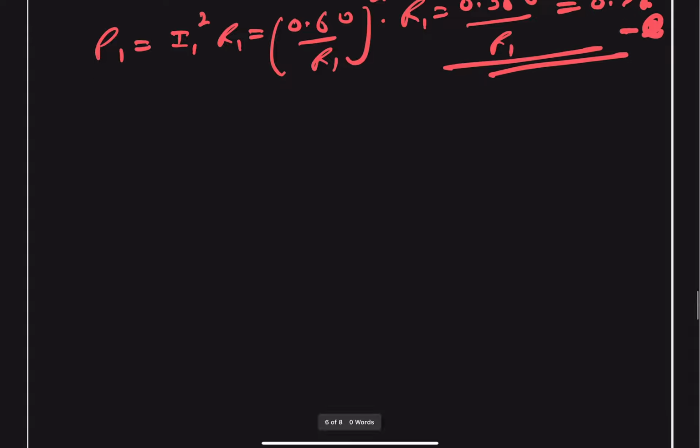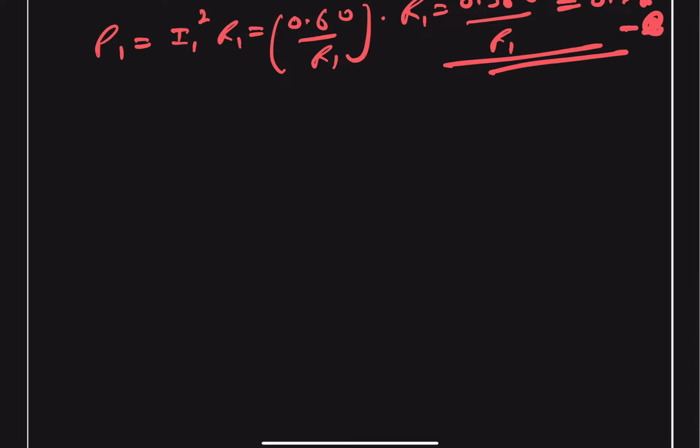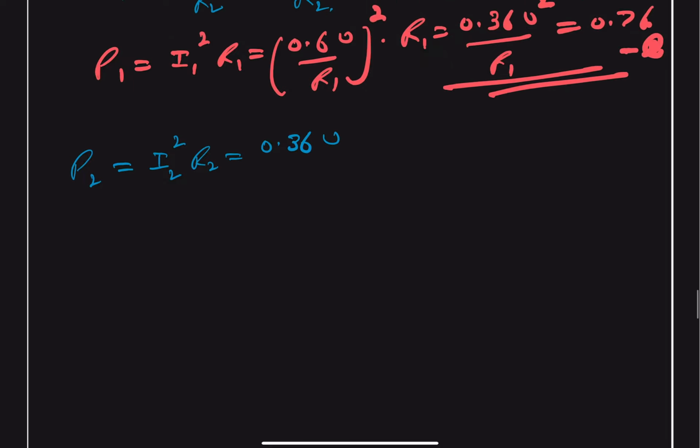And similarly, we can write that P2 is equal to I2 square R2, and this comes as 0.36 V square divided by R2, and it is given as 1.2. Let us call this equation number 3.